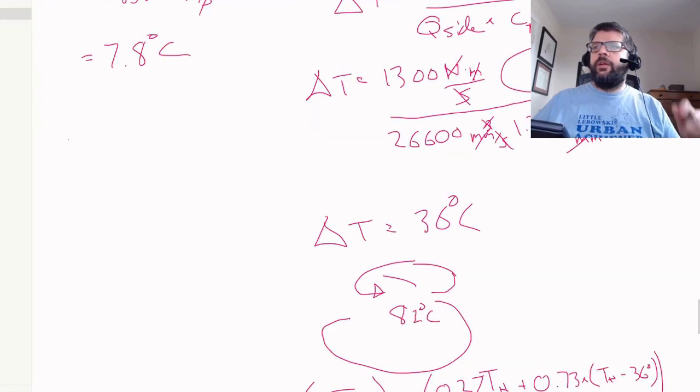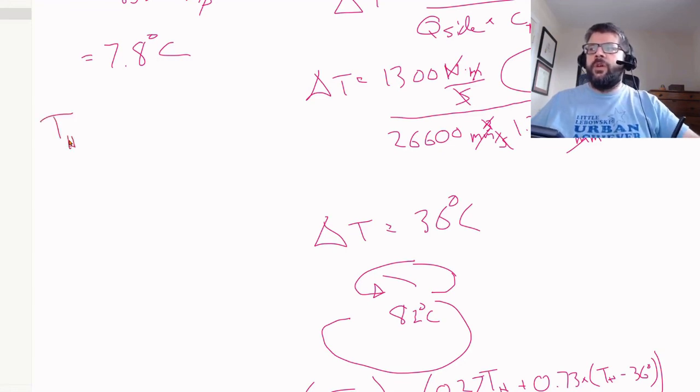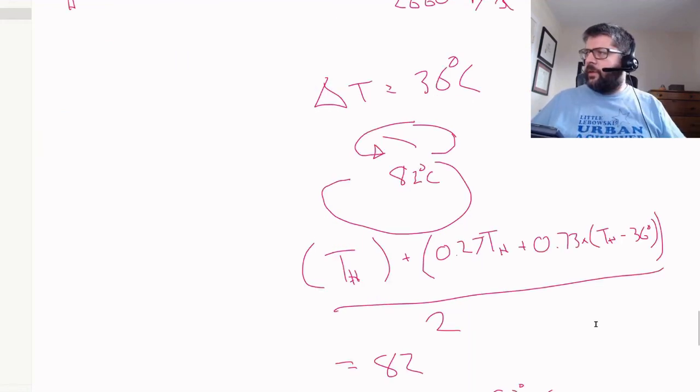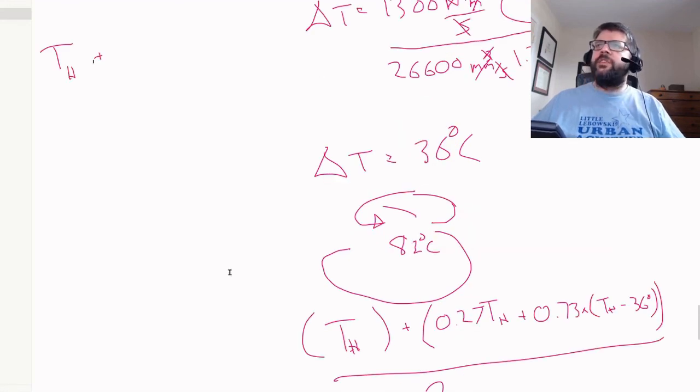So again, do the same calculation that we saw here. We're going to have a TH plus, the TH's there cancel out, so we're just left with the delta minus delta T times the side flow ratio.